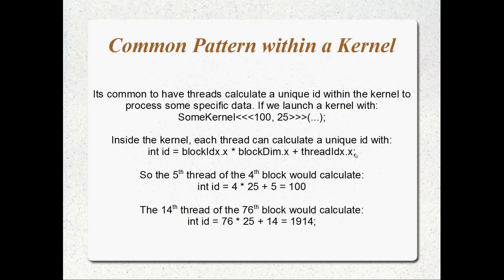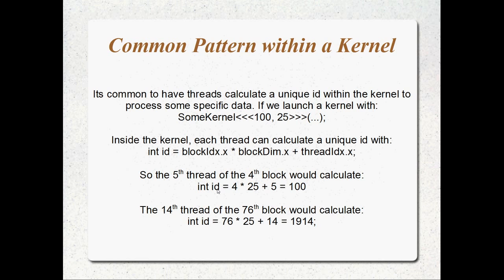With this line just here, if every one of those 2500 threads calculates it, it's always going to come up with a different unique value. So the 5th thread of the 4th block would calculate its ID to be 100, whereas the 14th thread of the 76th block would calculate its unique ID to be 1914.